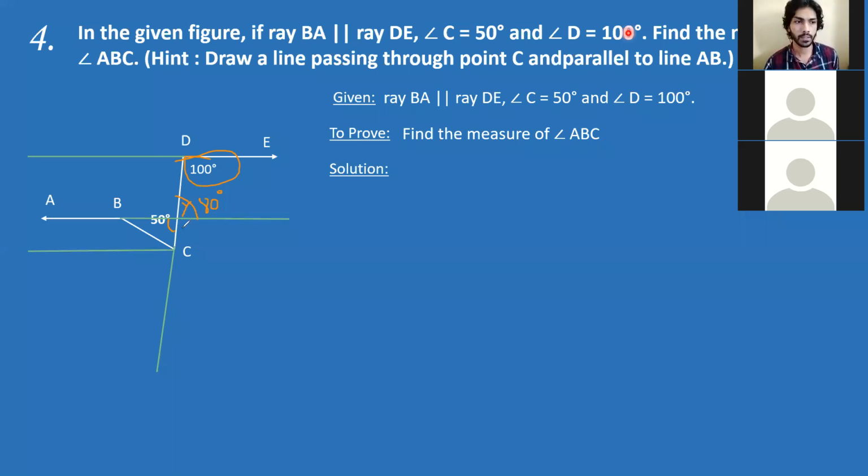Then using opposite angles, I took 80 over here. Then I used the triangle theorem: 50 plus 80 is 130, and 180 minus 130 gives 50 degrees. Then I used linear pair again to get 130. Thank you so much.